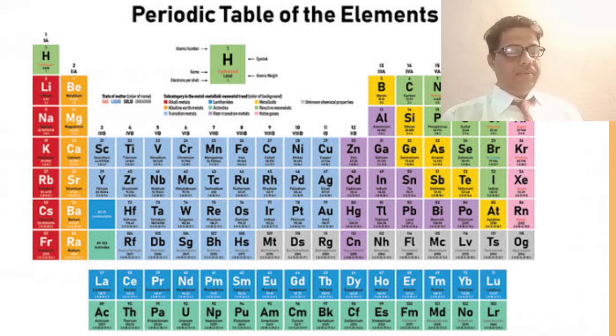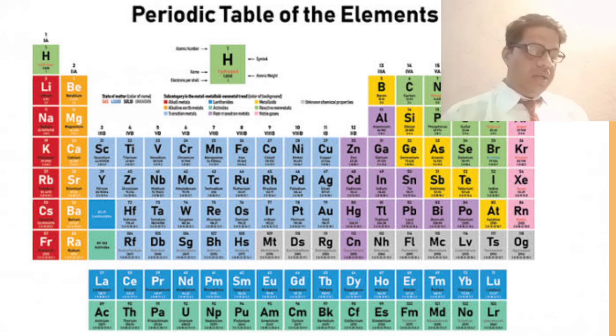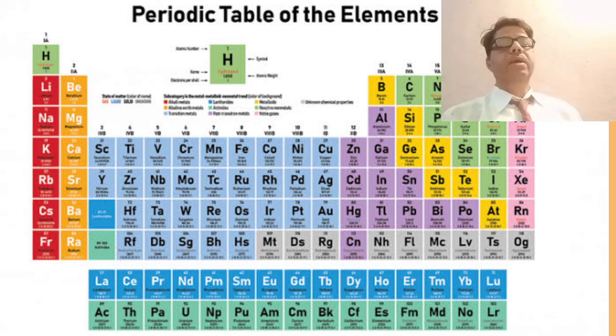As 3d series, if you observe period number 4, it is 3d series. That is 3d series means the last electrons enter into the third shell, that is 3d.